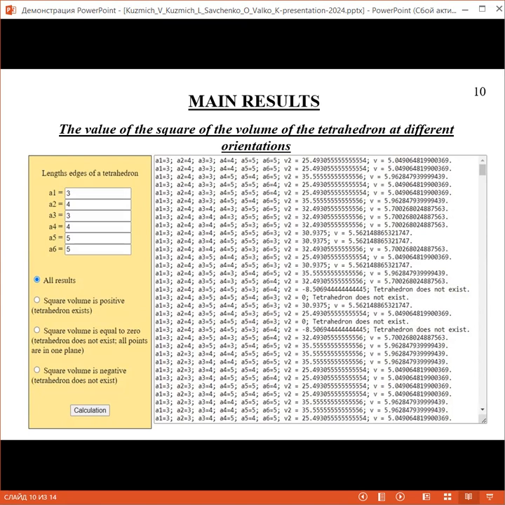If the square of the volume of the tetrahedron is equal to 0, then all the vertices of the tetrahedron lie in the same plane, that is, they are flatly placed. These values are calculated on a special calculator, which, using the Jungius formula, calculated the value of the square of the volume of the tetrahedron at different orientations.